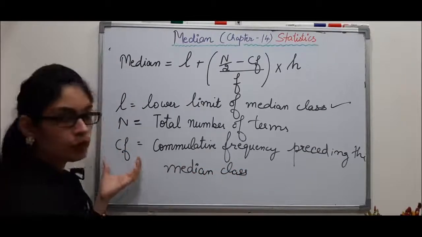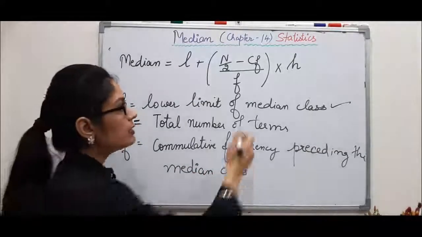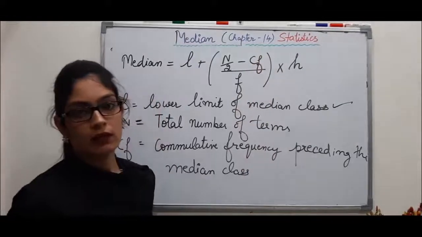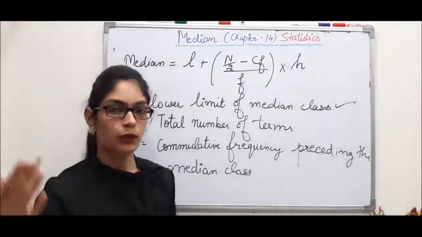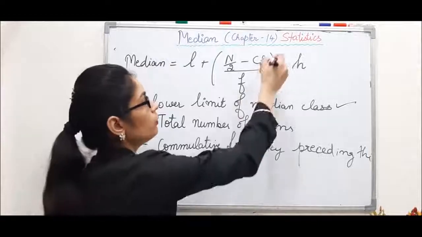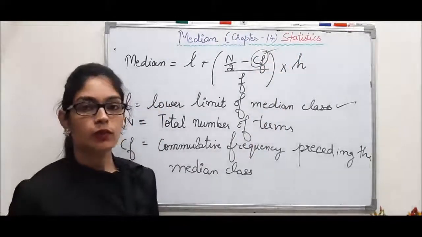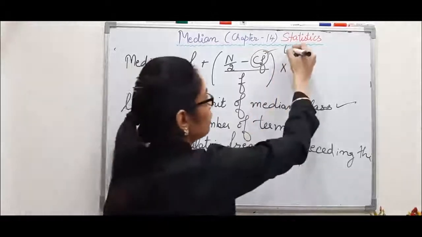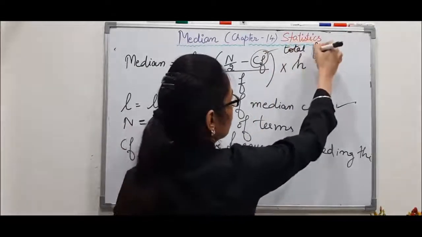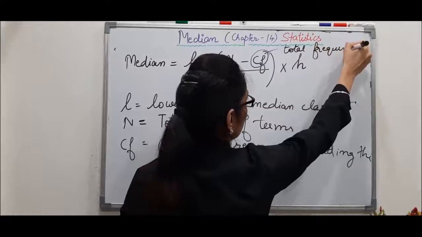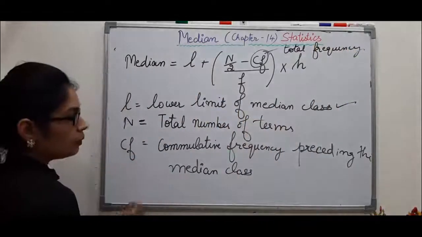For CF, you just have to remember one thing: it is the total frequency. Once we do the question, you will understand the meaning of CF, cumulative frequency. As of now, you can just remember that it is total frequency. So here we are taking cumulative frequency.